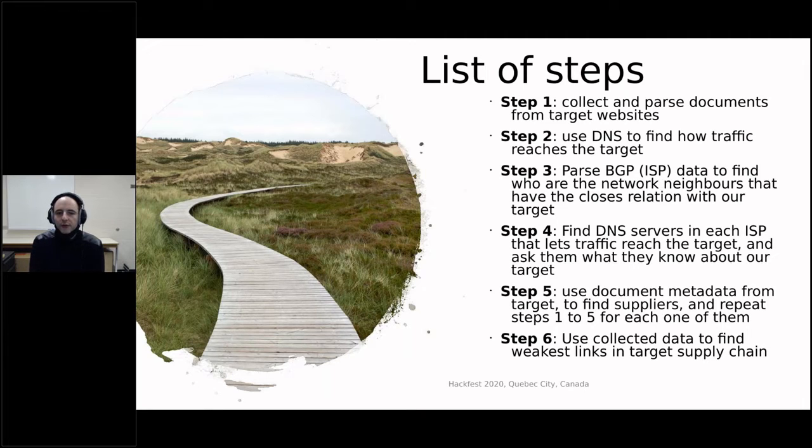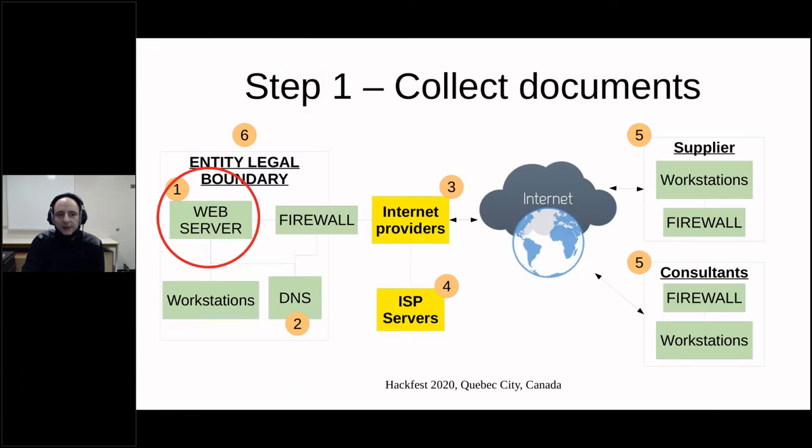Then from the documents, we find the information on who is dealing with the target and who has any contact that is easily identifiable from document metadata, not from the content of the document. Then from the metadata, we repeat the process by looking at everybody, and then we try to see if we can find a weak link in the supply chain. It means whoever is dealing with our target, without doing anything directly against the target or anything directly against the supplier of the target.